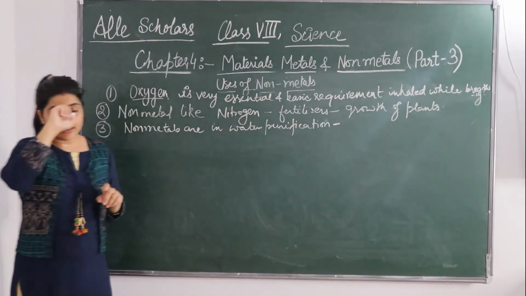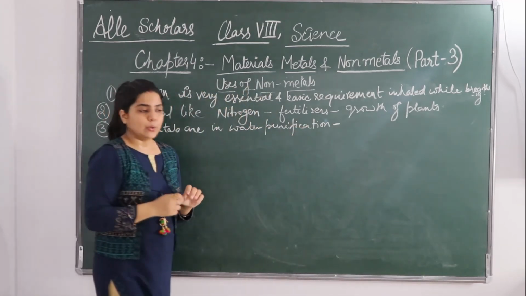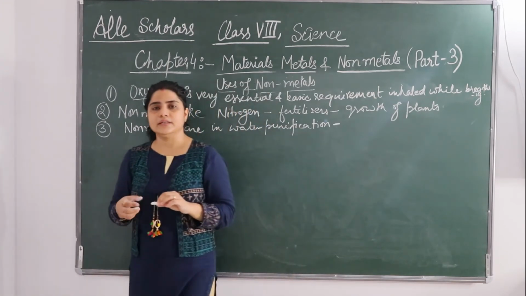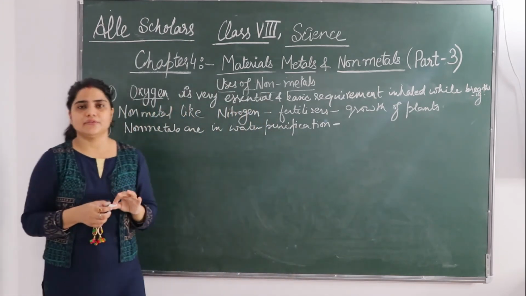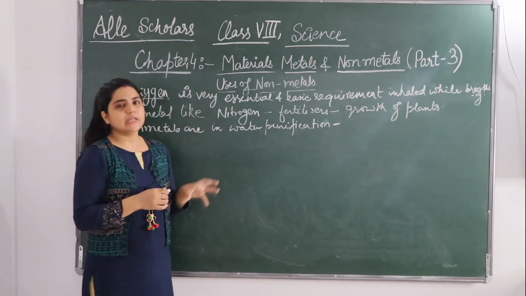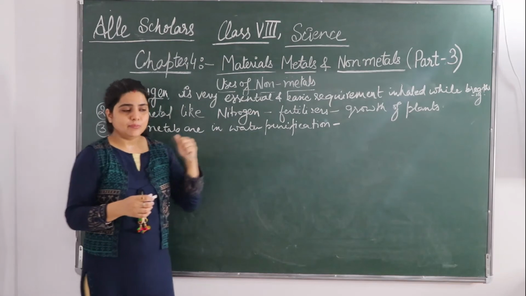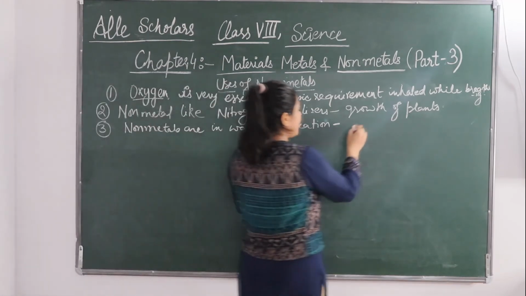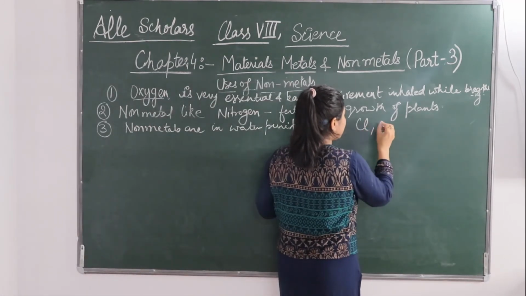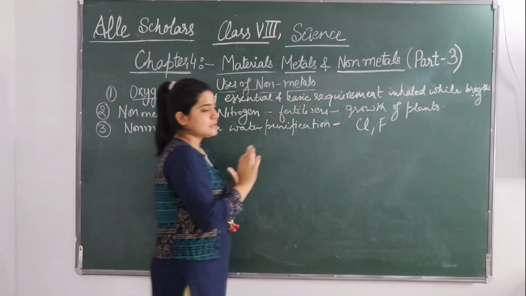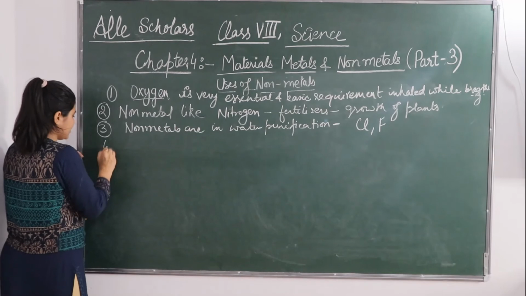You must have heard that we put chlorine or fluorine in our water, in the tank which is used in our flats and all. Why do we use that? Because they help in water purification. Chlorine is there, then fluorine is there. They help in water purification.